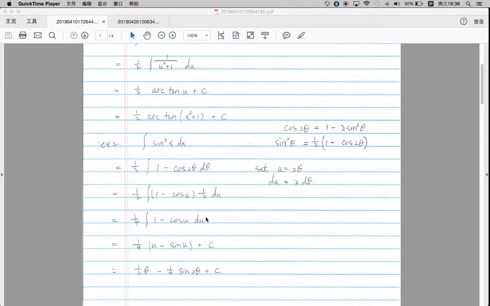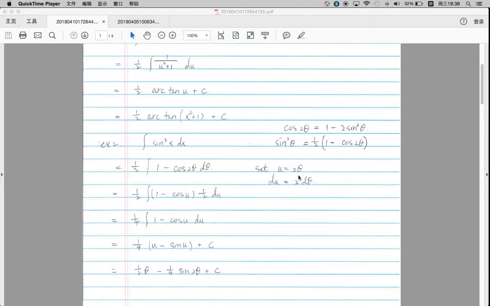Now this is just a simpler integral, which is basically u minus sine of u plus a constant. This is our solution to the integral, but in terms of u.